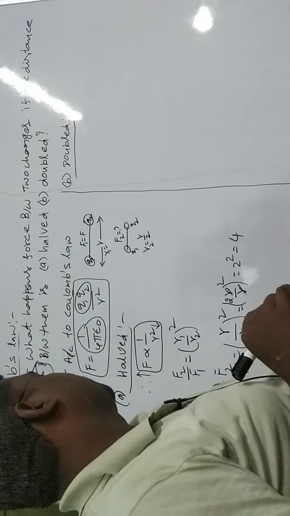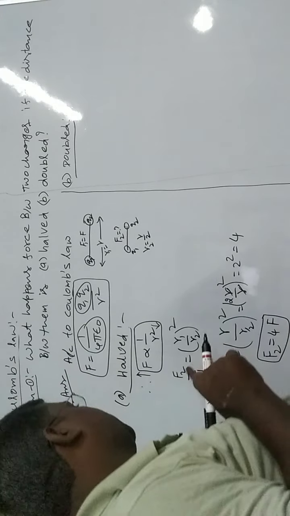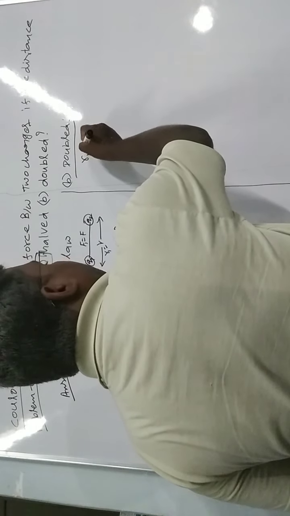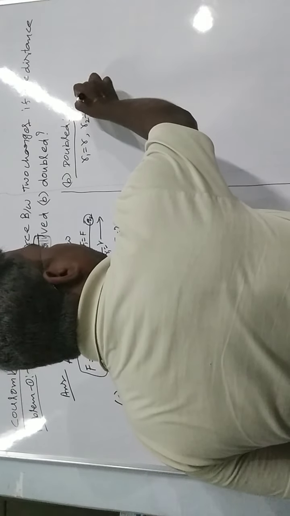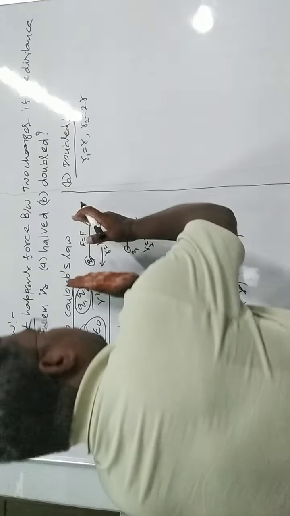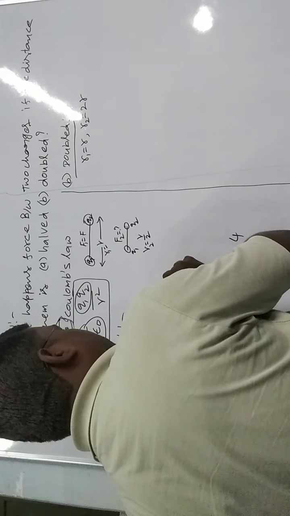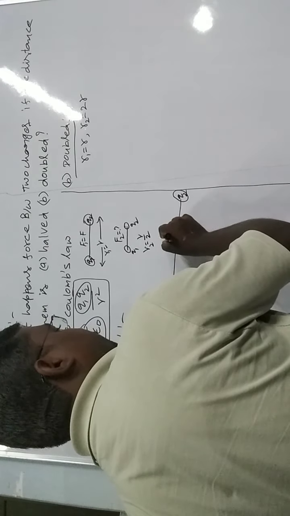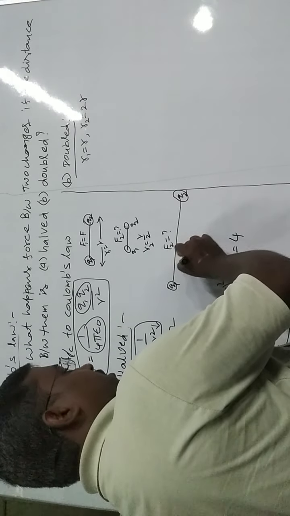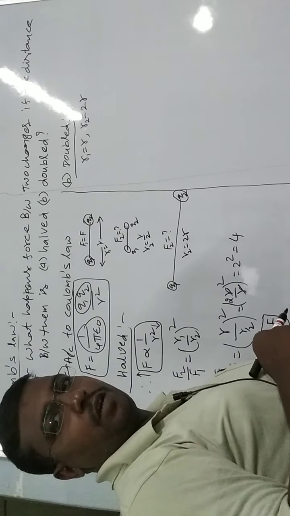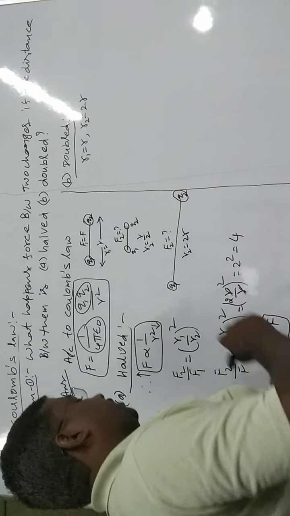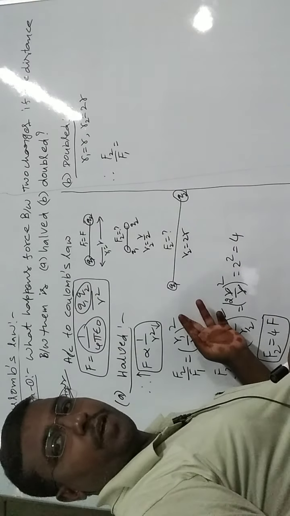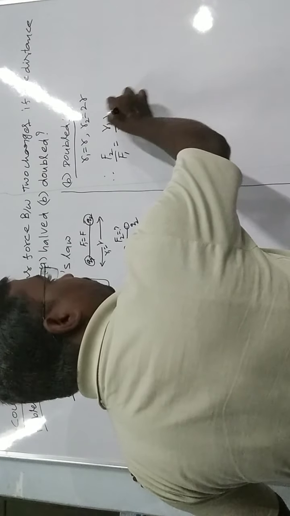In the same way, we write F2 by F1 equal to R1 by R2 whole square. In this case R1 equals R, but R2 equals double, that is 2R. These two charges move away from each other. This is Q1 and this is Q2, separated by a distance, and this force is F2. We have to find F2, and R2 is 2R. The distance becomes doubled, so again we write this formula: F2 by F1 equal to R1 by R2 whole square.